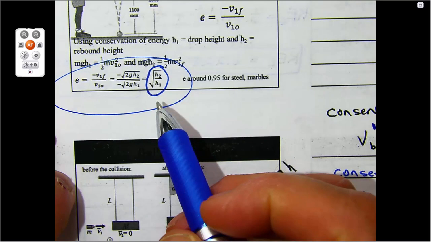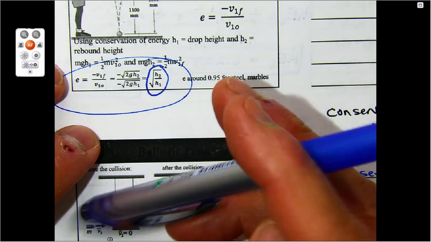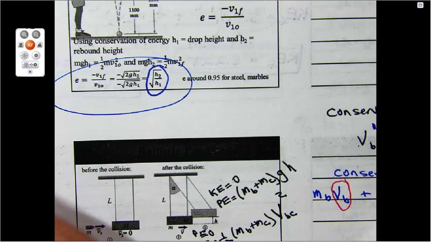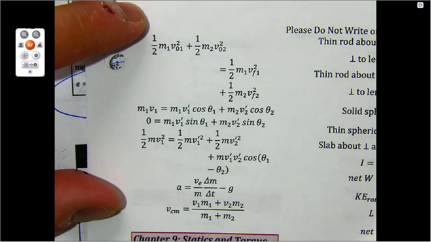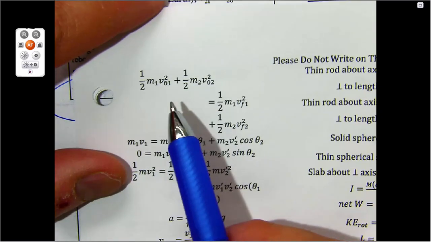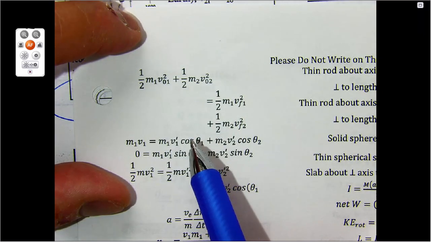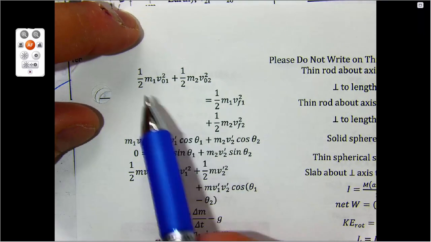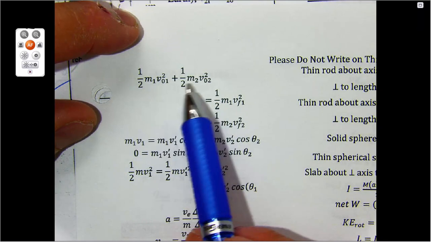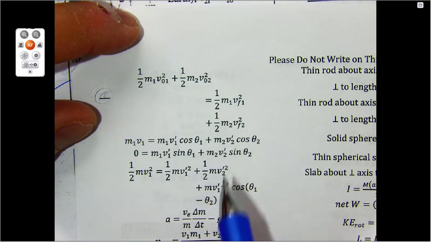So, at this point, we are done. Yeah, we can put that on there. I don't think it's on there, is it? Let's put it right up here. We don't need this up here.